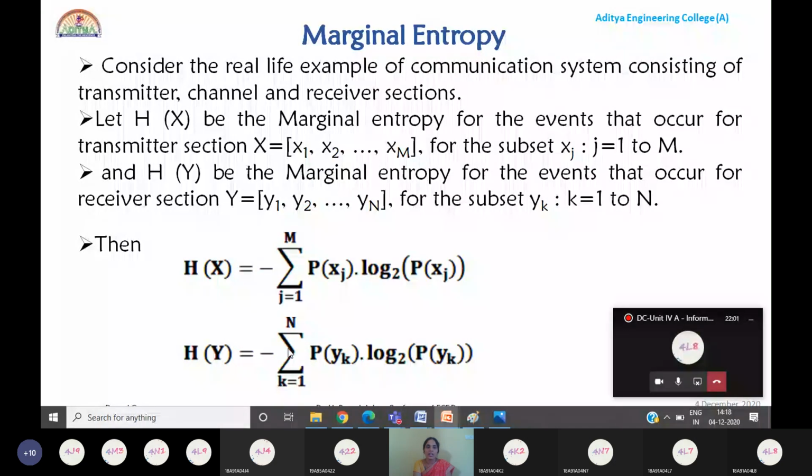It will be minus summation k equals 1 to n, p of yk log p of yk, base 2. If the p of yk matrix is given to you, you can automatically solve the entropy of the receiver section.